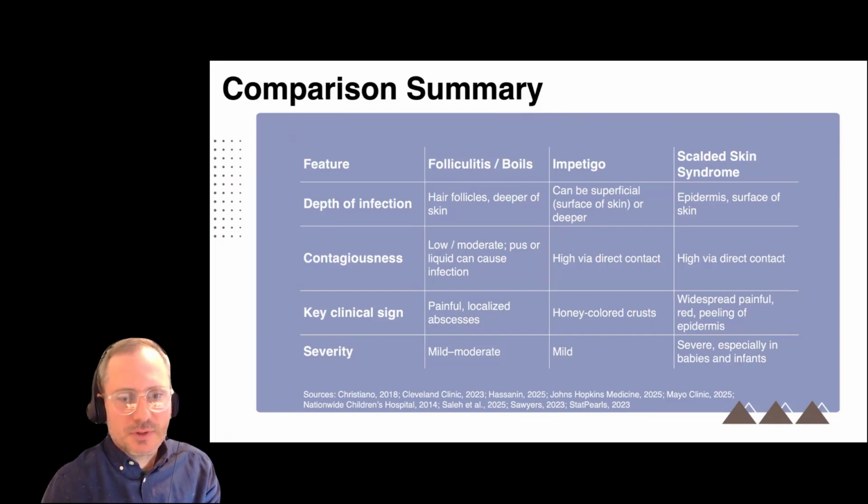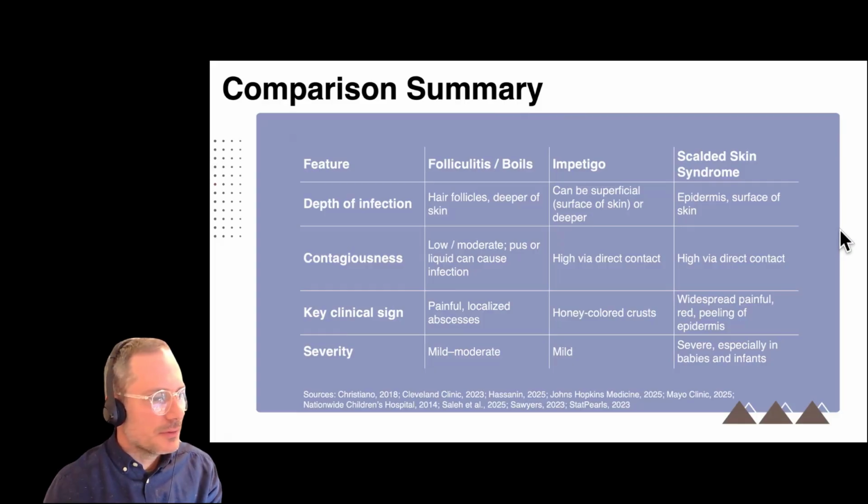Scalded skin syndrome affects the epidermis, but can be severe in infants. So I would say the severity of scalded skin syndrome is obviously higher than folliculitis, boils, or impetigo.